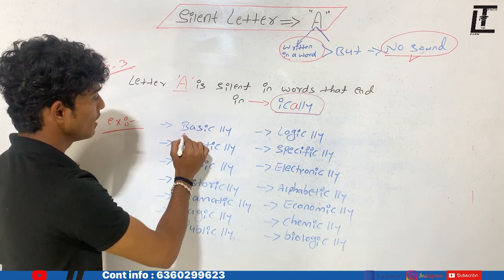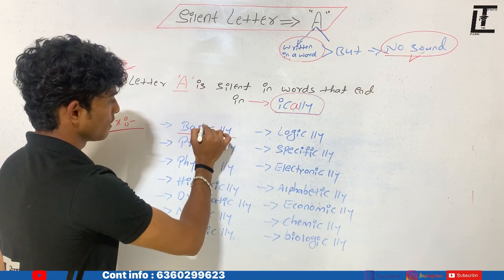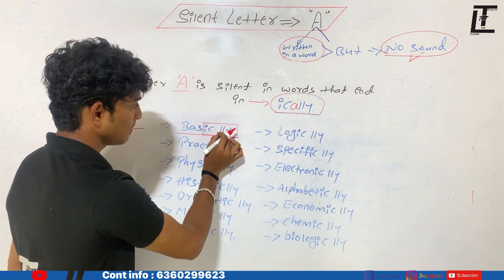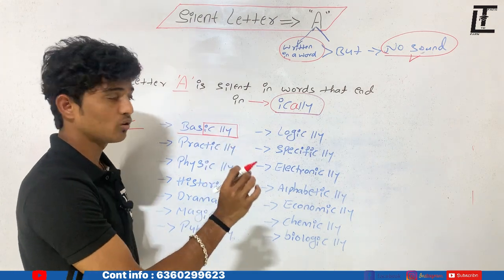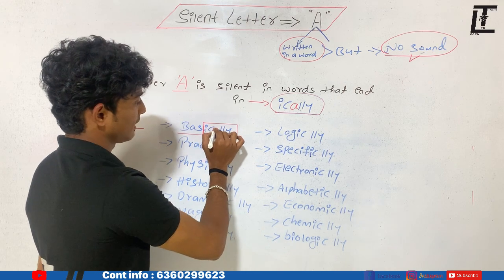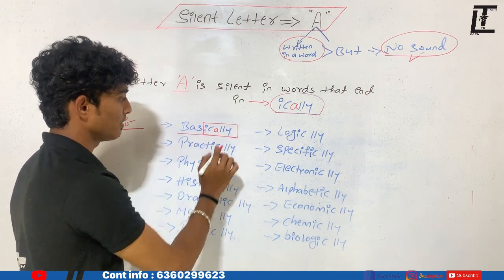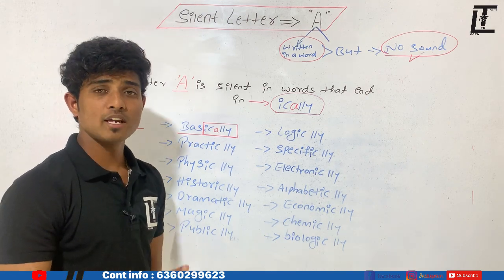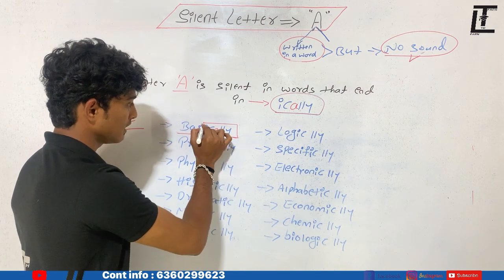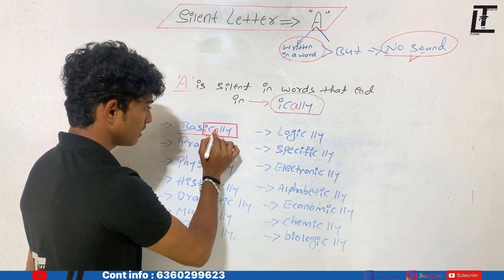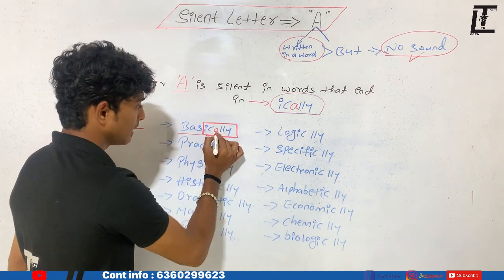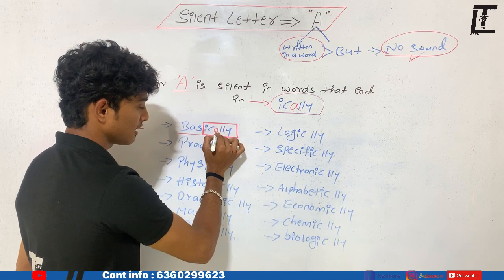In the word basically, letter A is silent. We don't say "ba-sic-al-ly". Why? Because in this combination, letter A is silent. We pronounce it as "basically". It is written, but it is not pronounced.